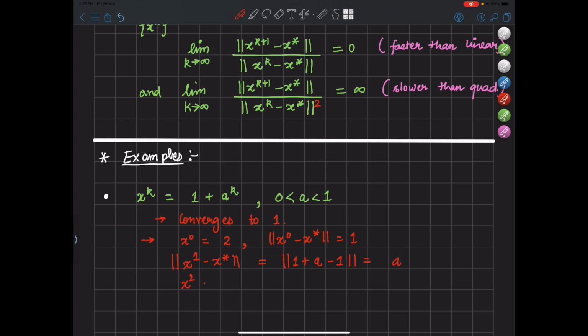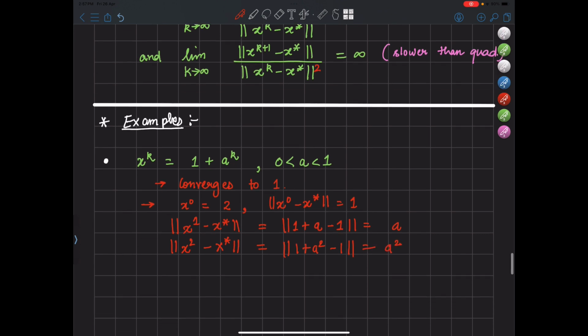Then x2 minus x star is 1 plus a squared minus 1, which is a squared, which means xk minus x star should give you a to the power k, right?